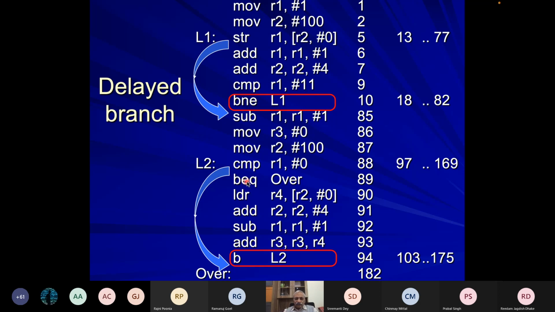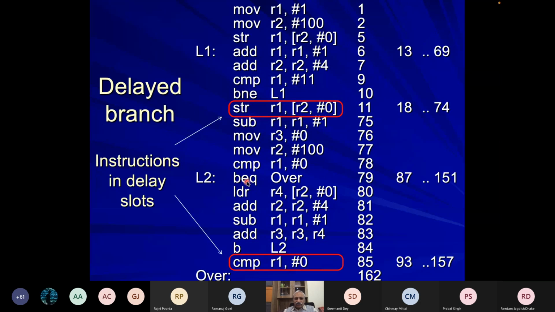So these delayed branches will reduce the delay further. The instructions which we put after the branch are called instructions in the delay slot of the branch. A branch may have one delay slot or two delay slots. If a compiler can find a harmless instruction to put there, it will put it. Otherwise, it will put a no-op.